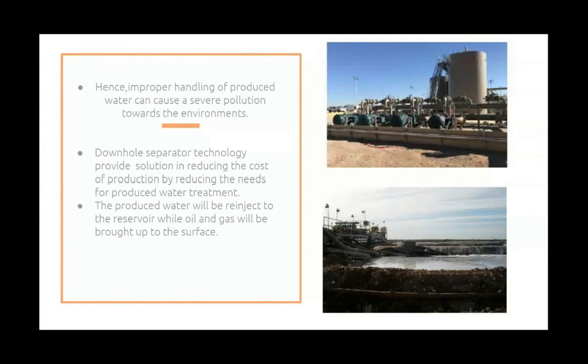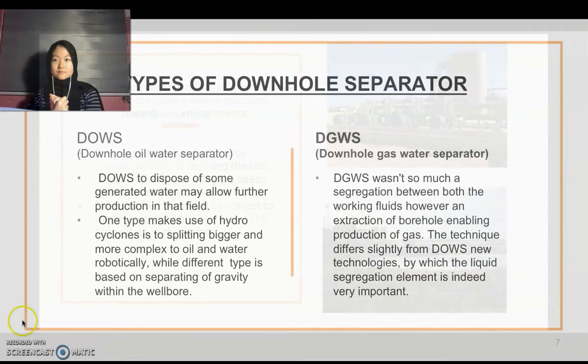Downhole separator technology provides a solution in reducing the cost of production by reducing the need to treat the produced water. Hence, the produced water will be injected into the reservoir while oil and gas can successfully be produced to the surface.